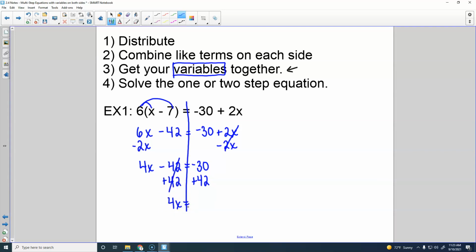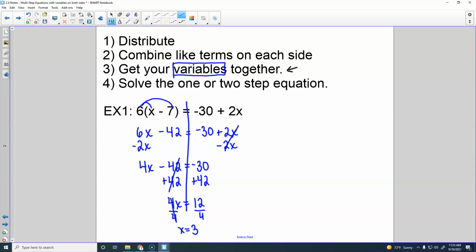Are you sure about that negative? It's positive because the 42 is bigger. Okay? So it's going to be a positive 12. And then our very last step, Passion, what do we do here when we have that 4x equals 12? We're going to divide by 4, and x equals 3.